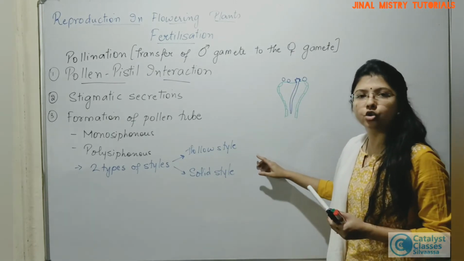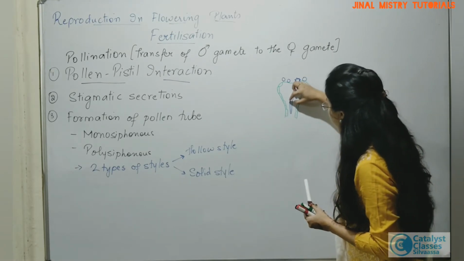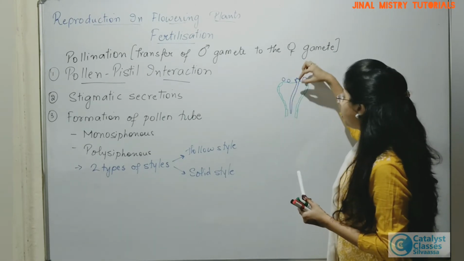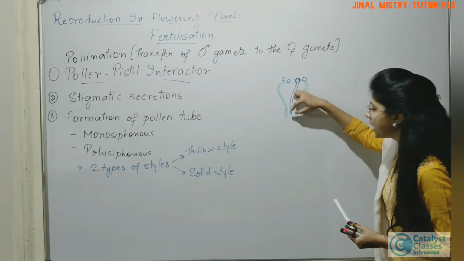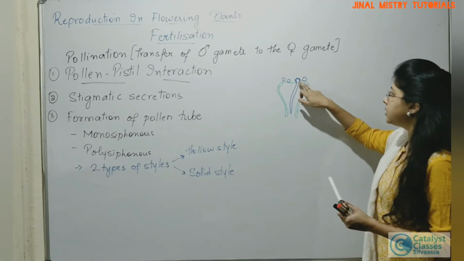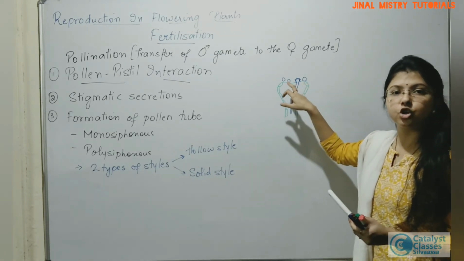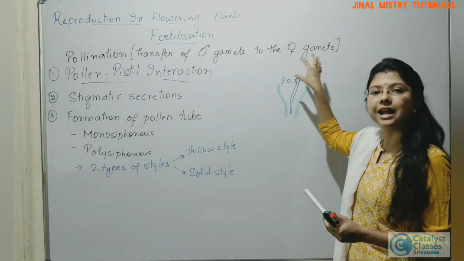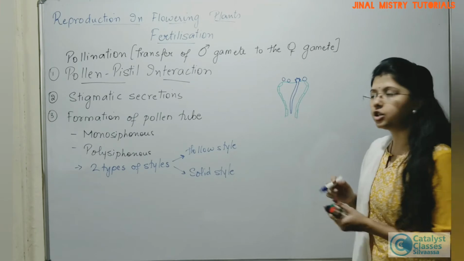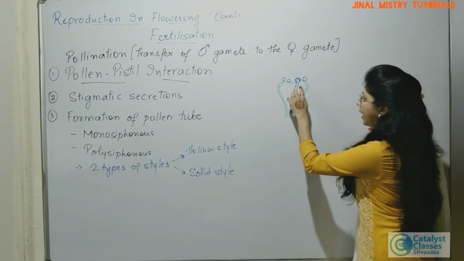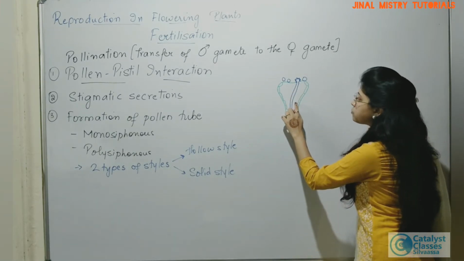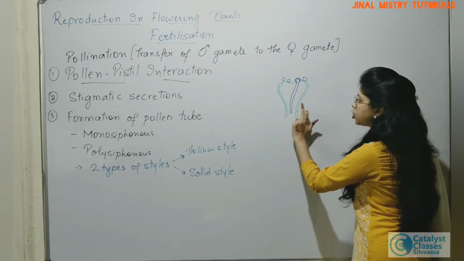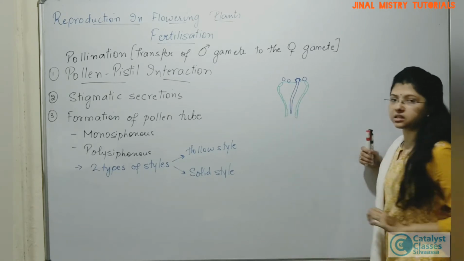In case of a hollow style, the pollen tube can simply germinate and extend through the style. Initially, when the pollen tube formation takes place, the nourishment is derived from the nutrition present in the pollen grain. Later on, once the pollen tube has started extending, it derives nutrition from these nearby cells.